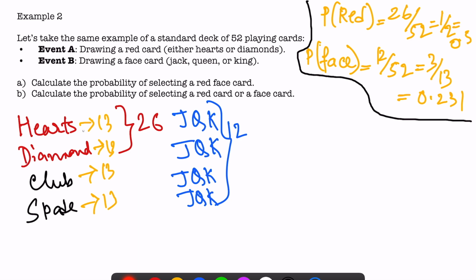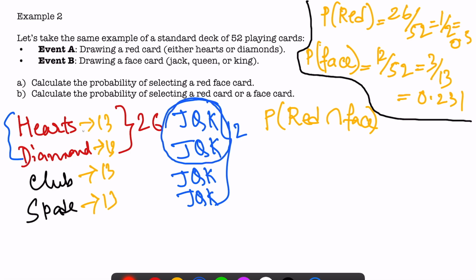Now we have to calculate these 2. Calculate the probability of selecting a red face card. That means we have to calculate the probability of red intersection face, the card that is red and a face card. So how many do we have? These are red cards and these are face cards.